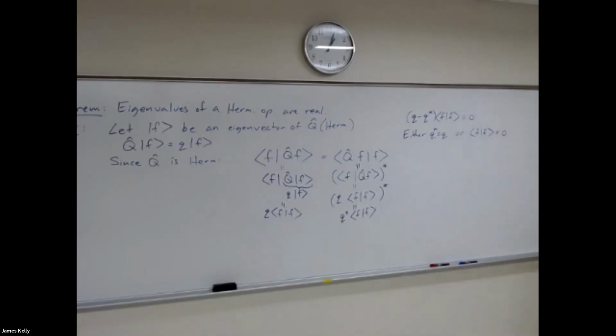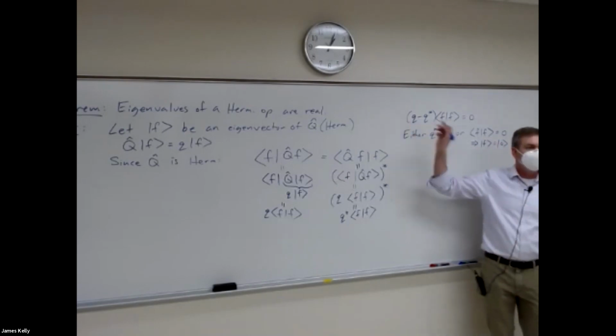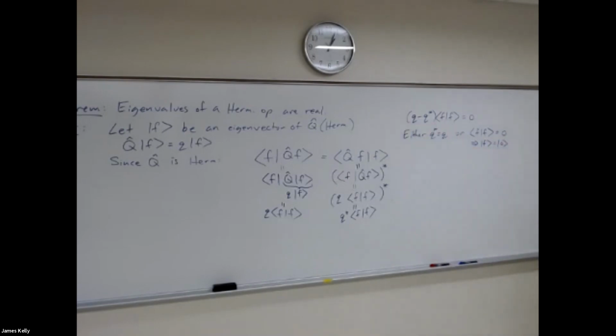So we have to chase down this other possibility a little bit more. What if the inner product of F with itself is 0? What would that imply about F? Right. This means that F is the 0 vector. Now, why does that violate our assumption back at the beginning? Right.